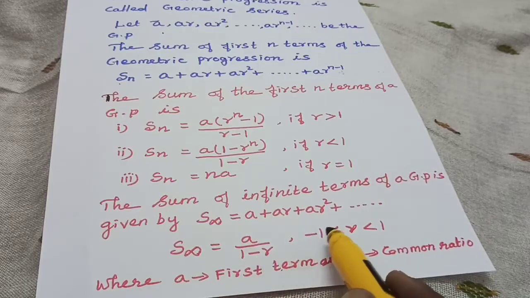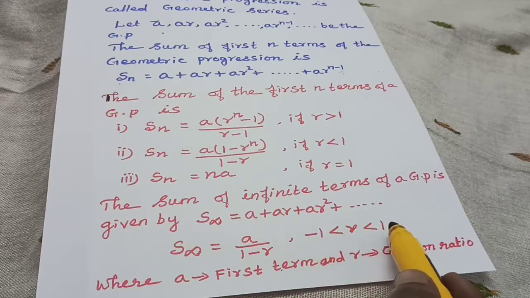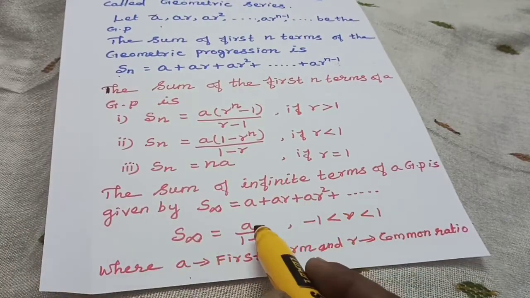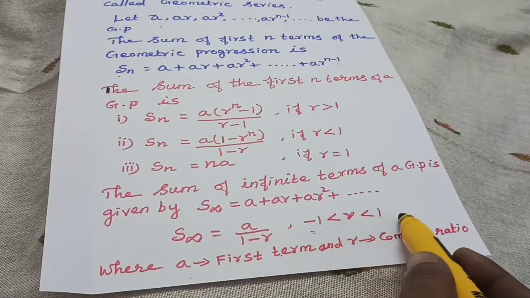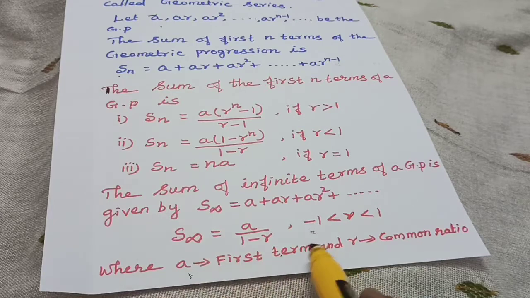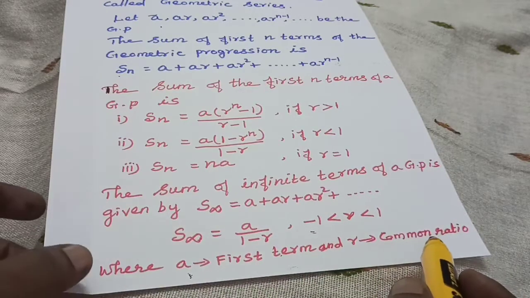Then this r lies between minus 1 and 1, that is, minus 1 less than r less than 1. Where a is called the first term, r is called the common ratio of this series.